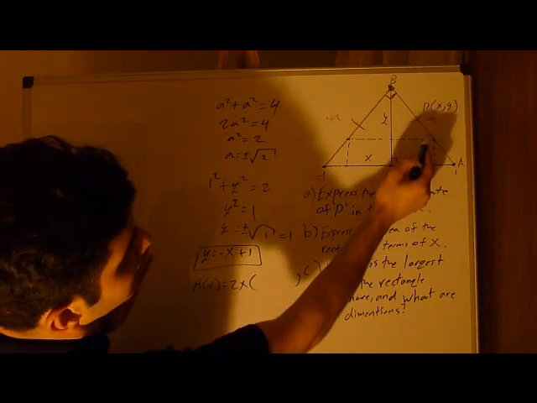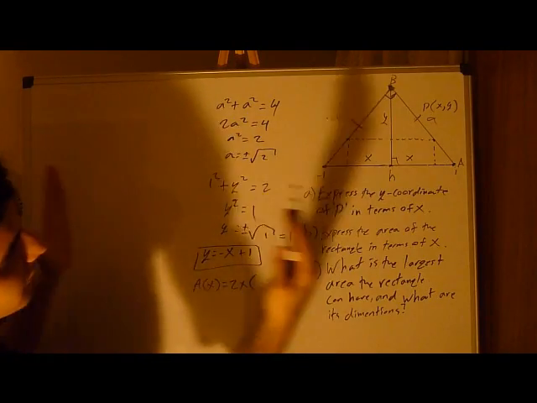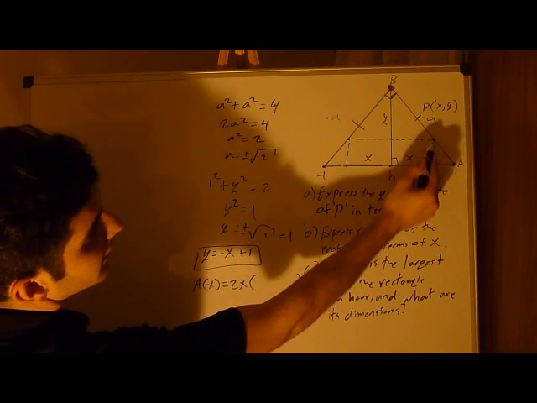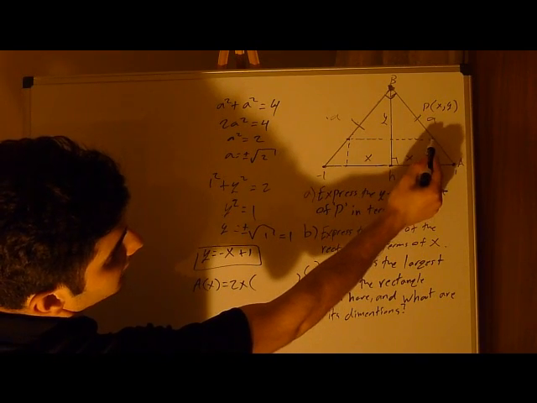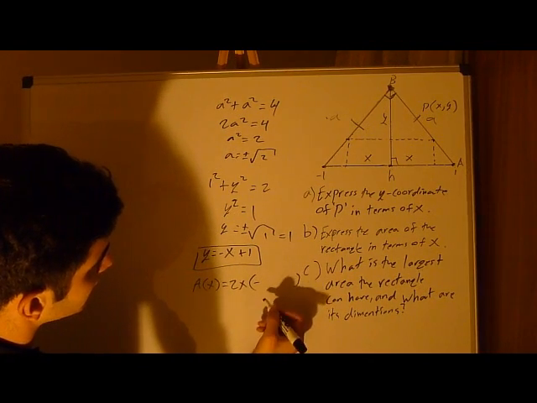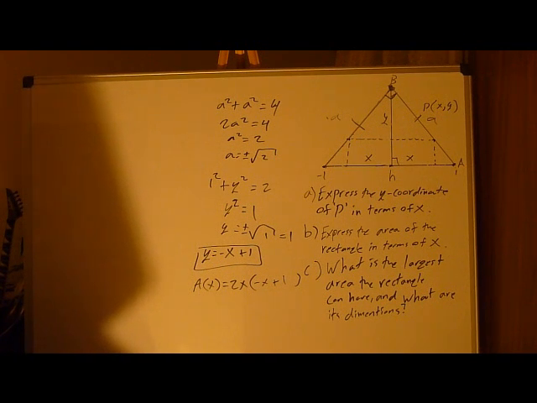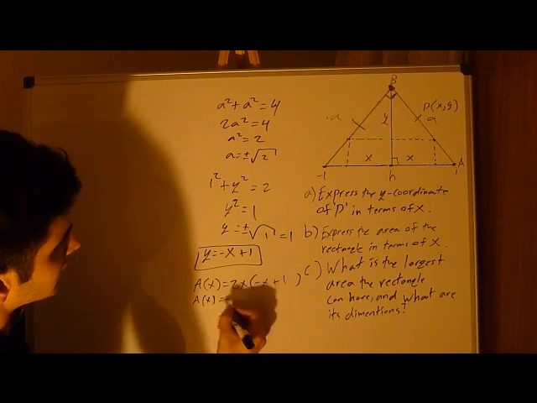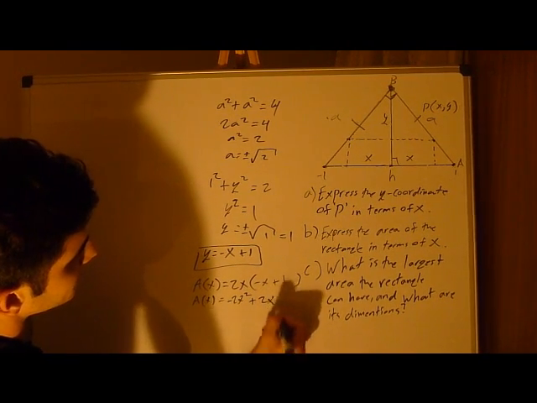If this point moves on the line, then the rectangle will shrink or expand. So the height of the rectangle is the equation that we just found for y, which is -x plus 1. If you want to do some more algebra, A of x is equal to, you distribute, -2x squared plus 2x.